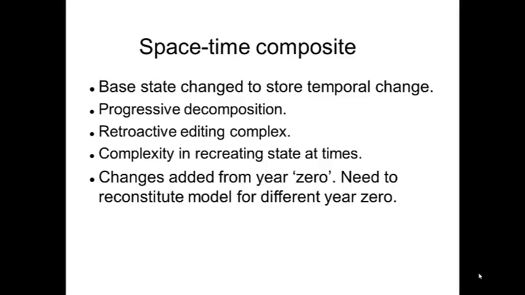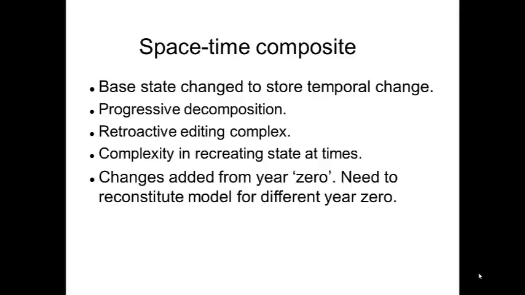Well, this is good, but it involves this progressive decomposition. You're constantly cutting a whole into smaller and smaller parts, which can lead to, certainly when you've got a lot of changes, lots of very small polygons.